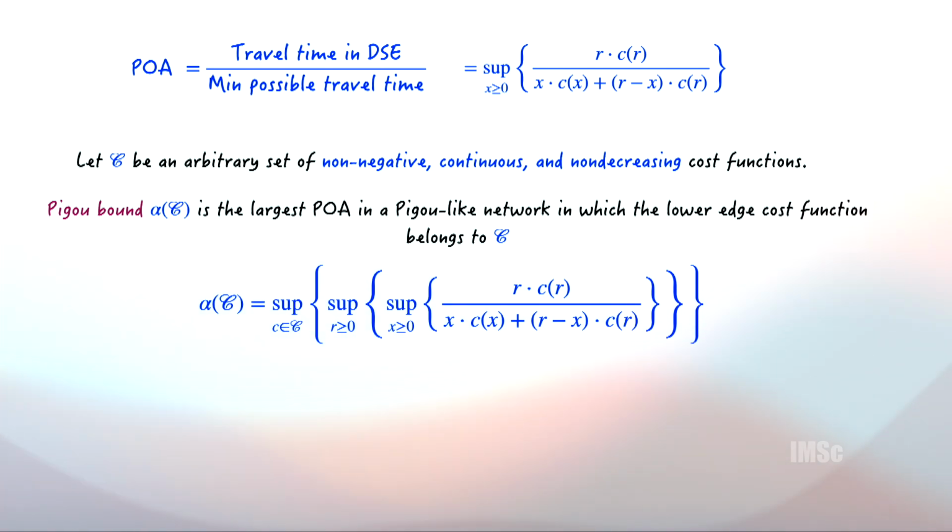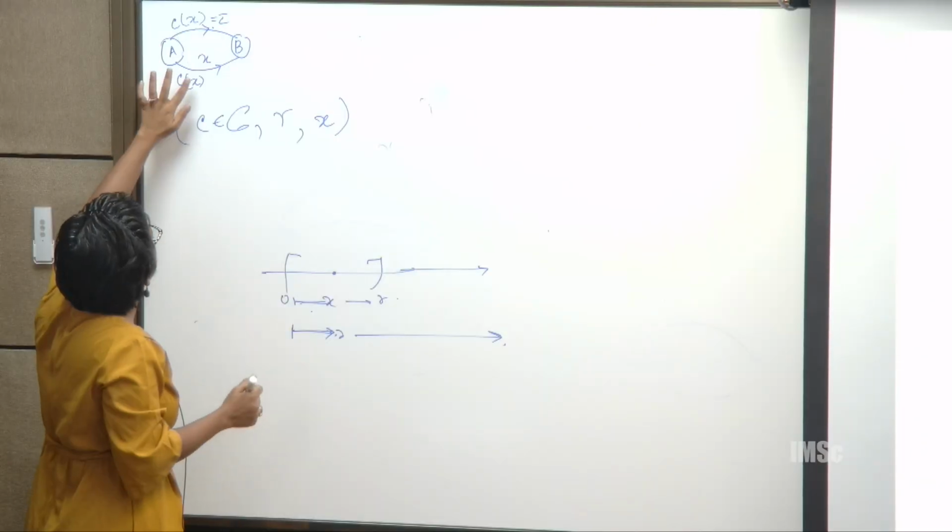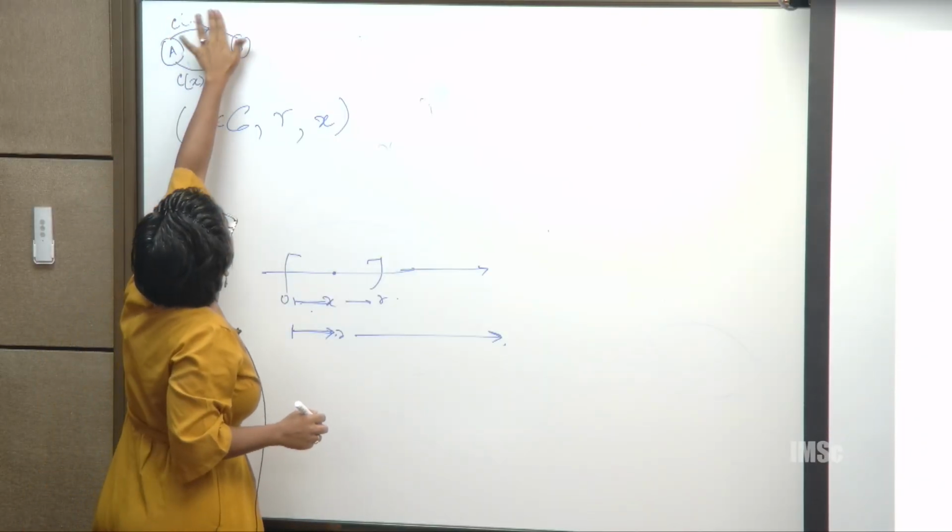So this supremum over R we will take in a second. Yes. So the same R will be there for that POA condition also, right? Okay, first just focus on this definition vis-a-vis the Pigou network. I am saying this is one Pigou network, where C is fixed, R is fixed, okay.